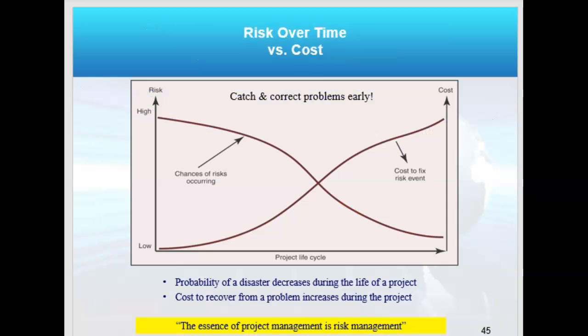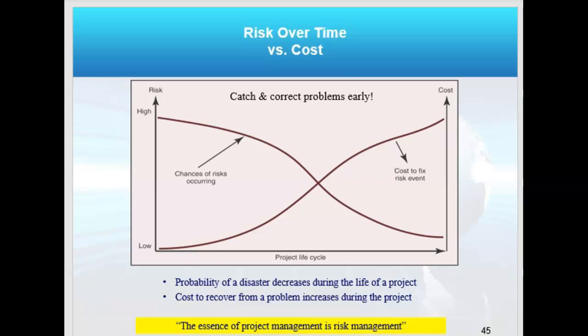Now, risk has a function over time that we want to be aware of for the exam. Notice on the left is the risk vertical, and on the horizontal is the project life cycle. Early on in the project, risks cost much less if they happen.